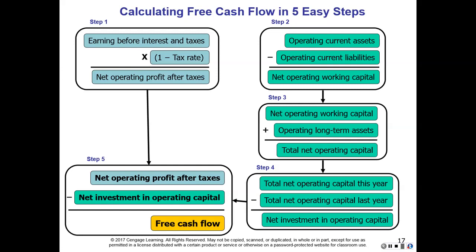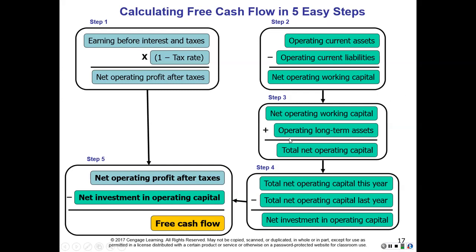Then subtract from that operating current liabilities, and what is not an operating current liability from the current liabilities is going to be notes payable, right? Because notes payable is basically a form of debt, short-term debt, it's not coming from operations, whereas accounts payable is, because it is the amount we owe our suppliers, right? So start with operating current assets, subtract operating current liabilities, and what you get is net operating working capital.